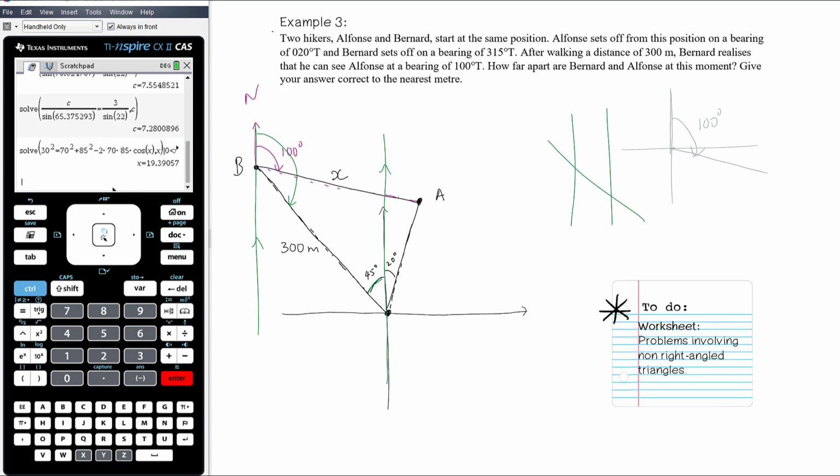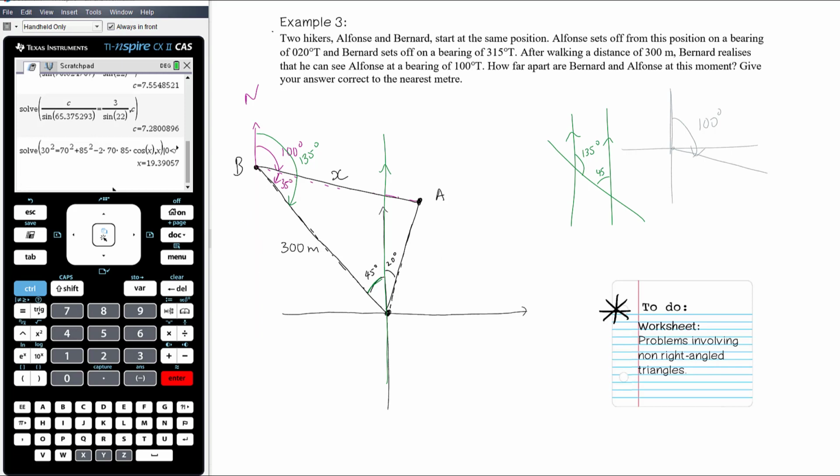So co-interior angles sum to 180 degrees. So if we've got 45 down here, 180 degrees means that this would need to be 135 up here. So this green angle is 135 degrees, which means that in the triangle, given that we know the bearing's 100, that must be 35.